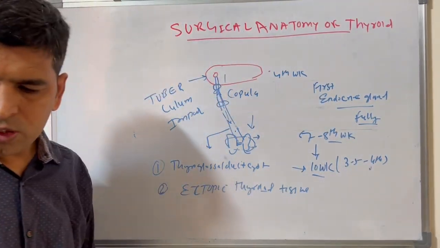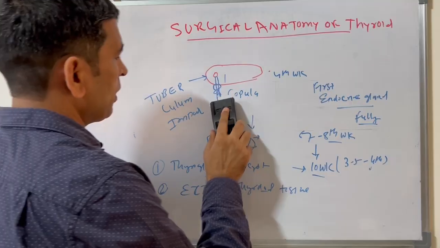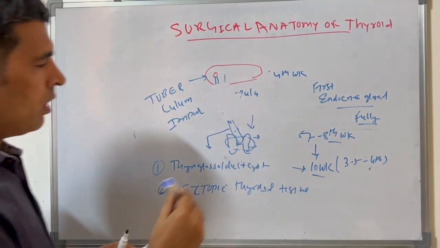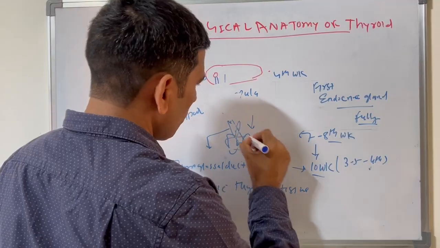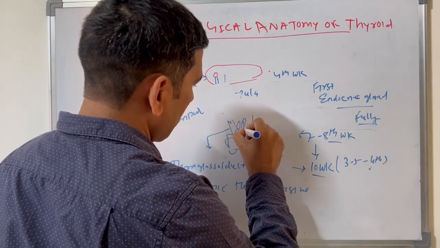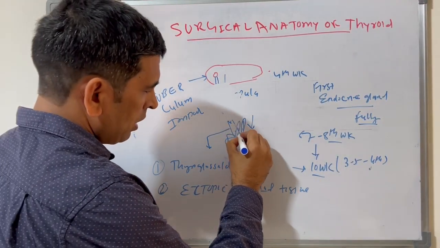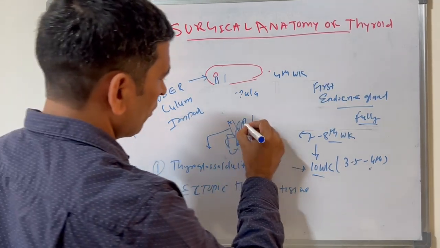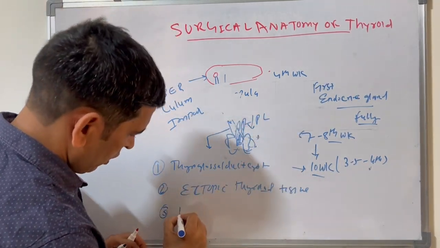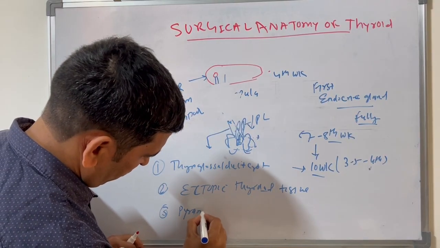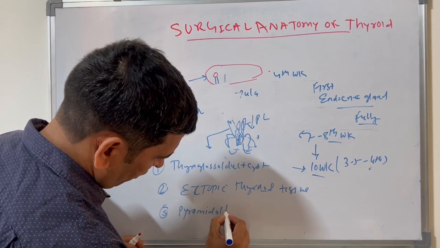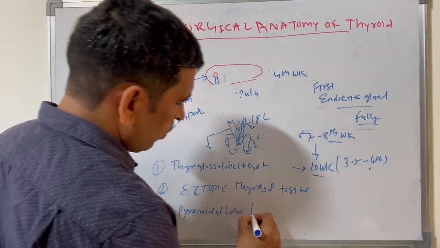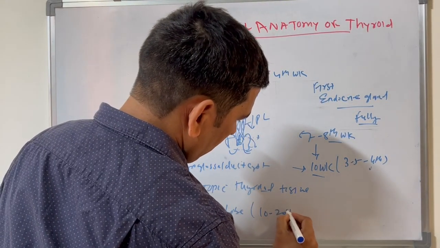What happens if the upper part of this tract disappears, and the remainder connects to one lobe or the isthmus? It is pyramidal in shape and may attach here. This, the third application, is called the pyramidal lobe. It can be present in 10 to 20% of cases.